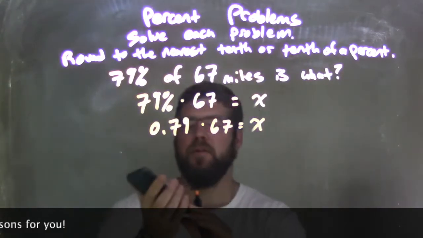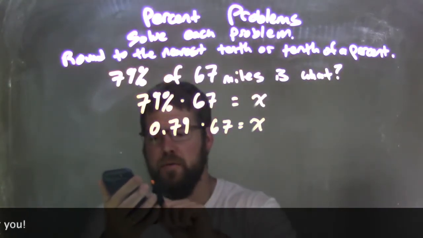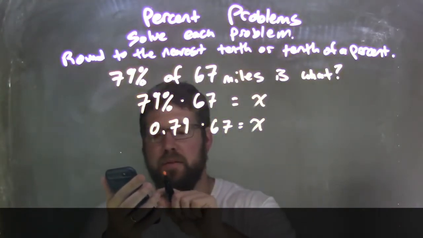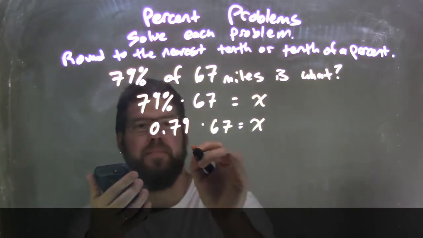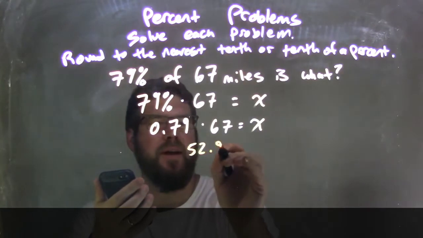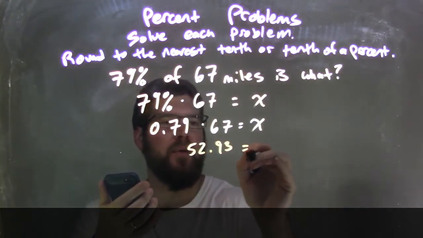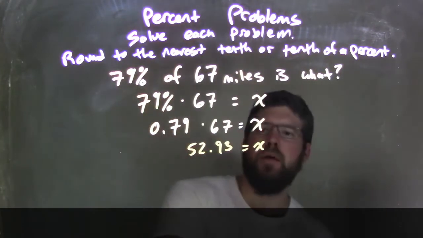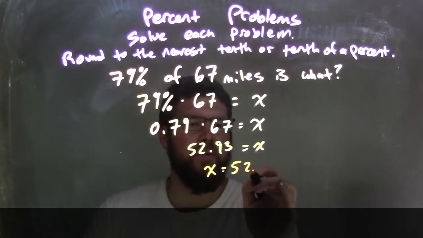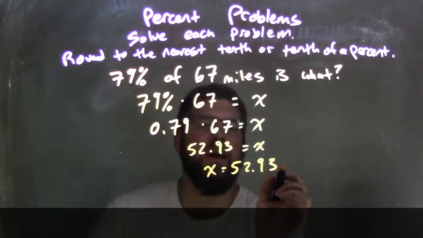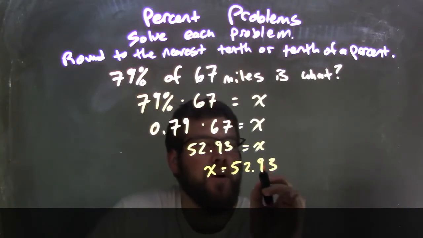And then I'm going to use my calculator here. 0.79 times 67 comes out to be 52.93. So 52.93 equals x. Okay, let's write x to come first. x equals 52.93. That looks nicer. Now we need to round it. Look at the 9 and the 3.